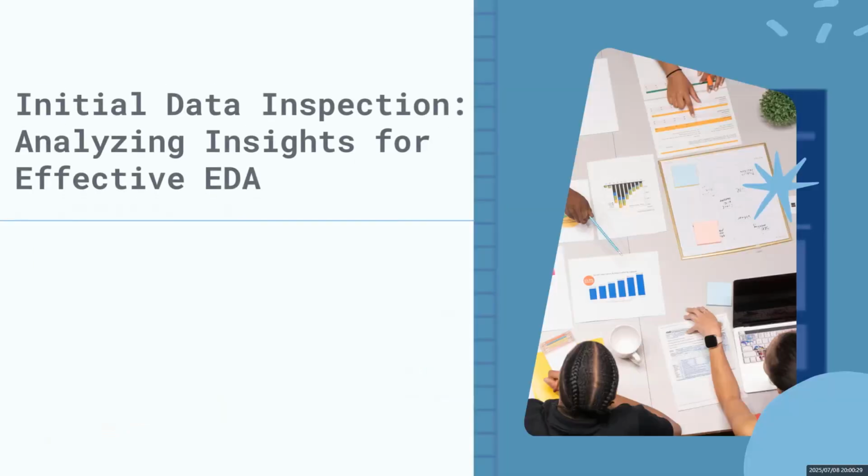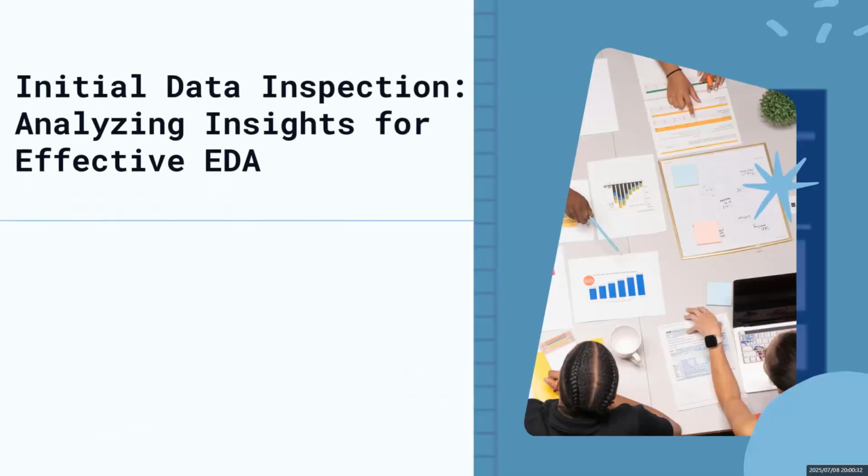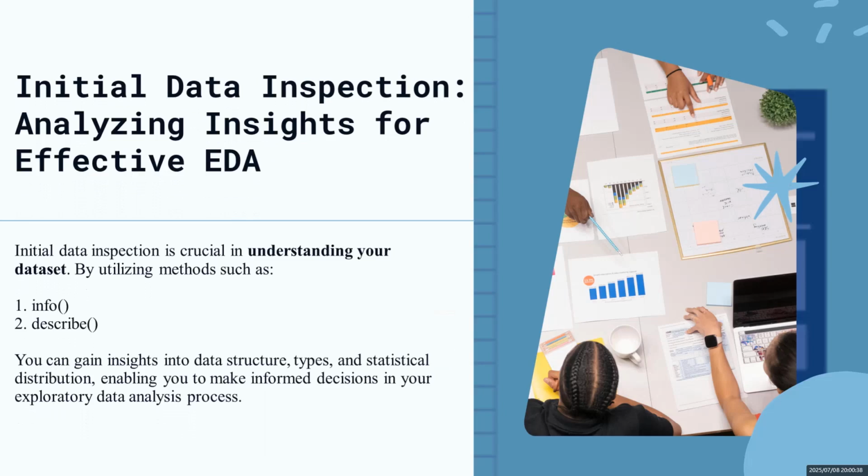Now, the next thing we have here is initial data inspection, analyzing insights for effective EDA. We have to look first at the initial data inspection and why it is necessary. It is very important in understanding your data set. For you to understand your data set, you need to use certain methods such as info or describe.